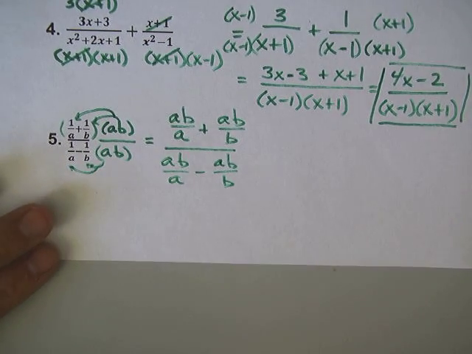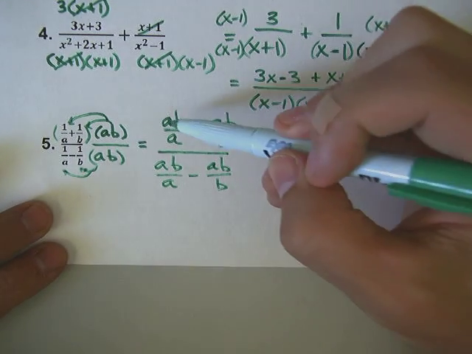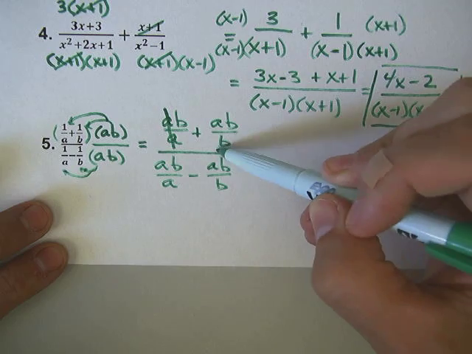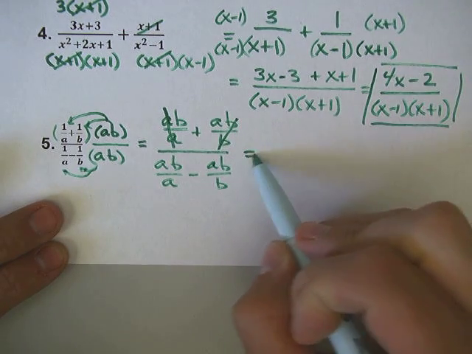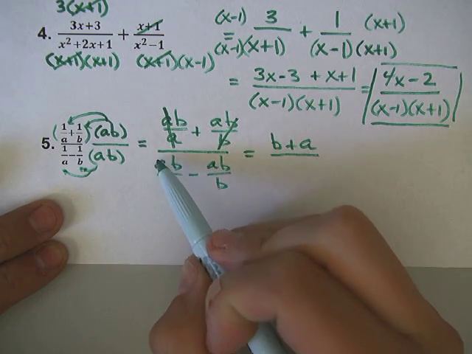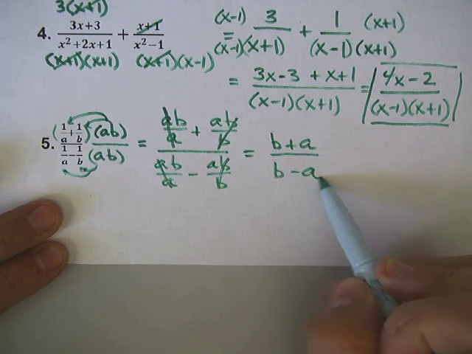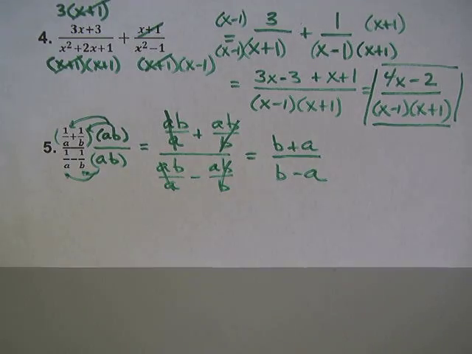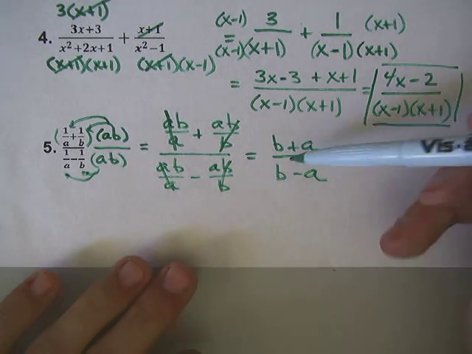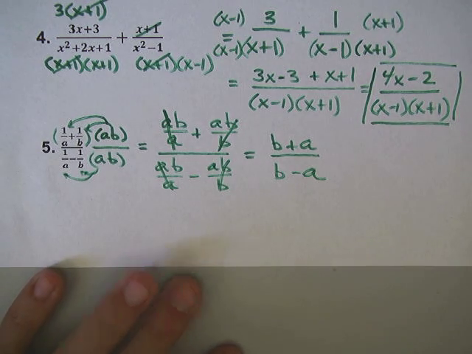On the bottom, if I do the same thing, I'm going to get ab over a minus ab over b. Now you don't have to do that step, but I just wanted to show you that. And look what happens. That reduces, and that reduces. So I get b plus a. Here, reduces, reduces, I get b minus a.